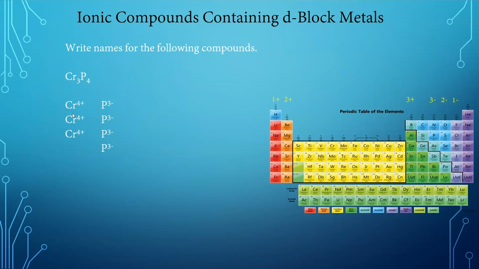So each chromium would need to have a +4 charge to balance that out. We end up then with 12 pluses in the plus column, 12 minuses in the minus column, and therefore it would be chromium 4 phosphide. Doesn't matter that we have 3 chromiums, that 4 says each of those has a charge of +4.